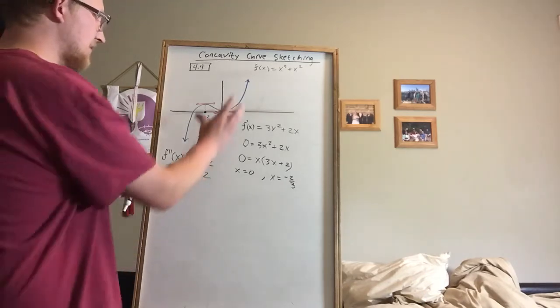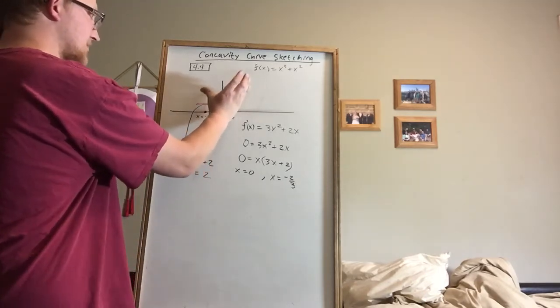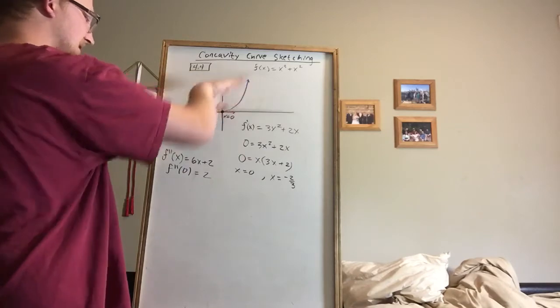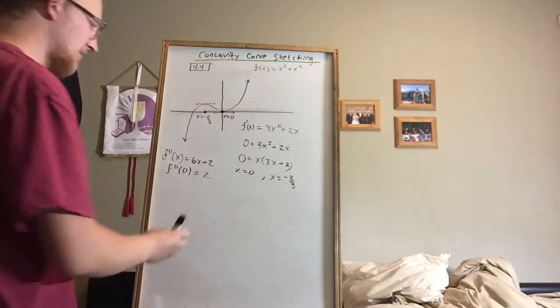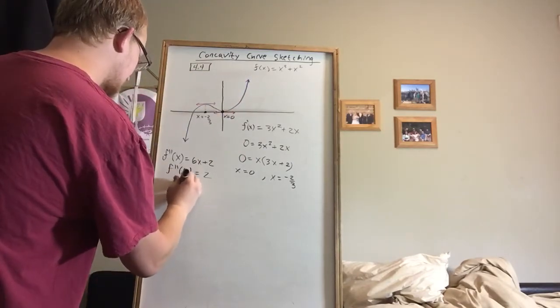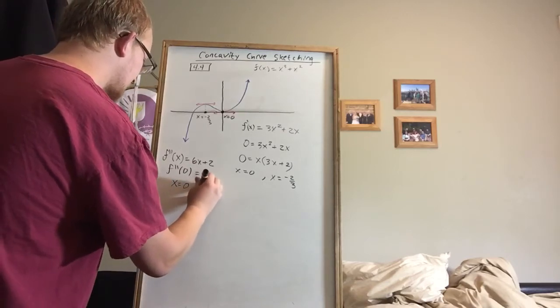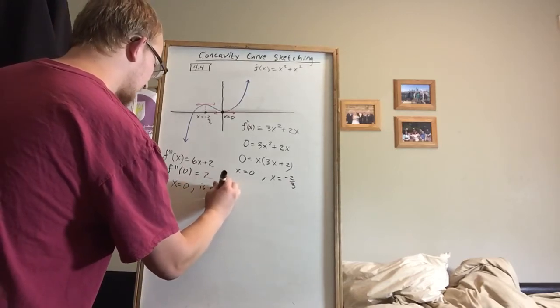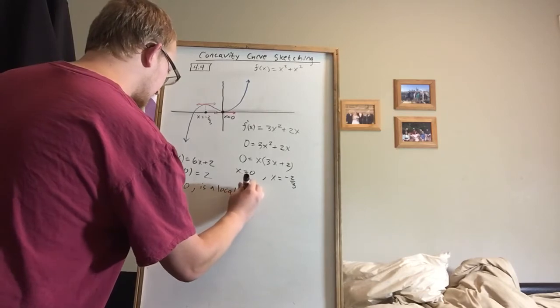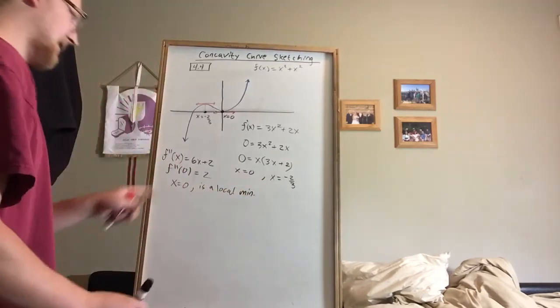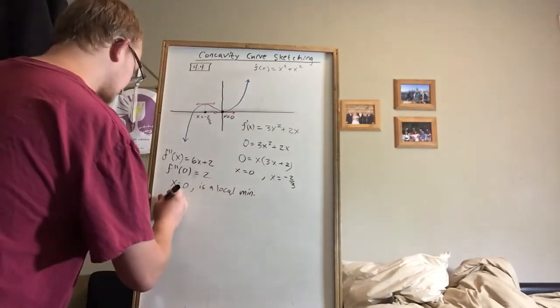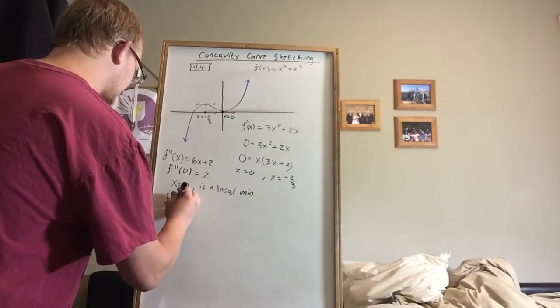So we look at 0 and it has concavity up, which means that the rate of change of the slope is positive, and that points us towards a minimum. So now we know that x equals 0, the critical point, is a local minimum.